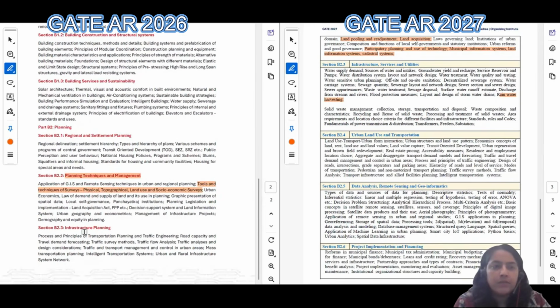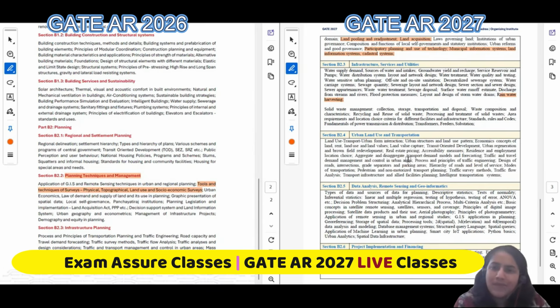Then in the previous syllabus, we had infrastructure planning. So this was basically transportation planning. Now in this new syllabus, transportation has been clearly mentioned, and it has been added with urban land use. So a bit of your urban planning mixed with transportation.